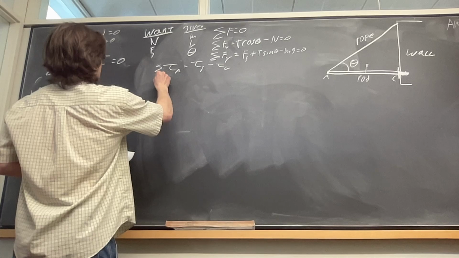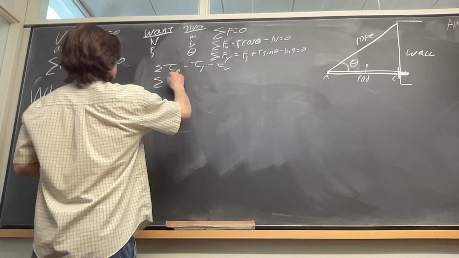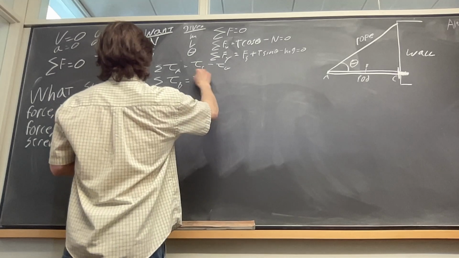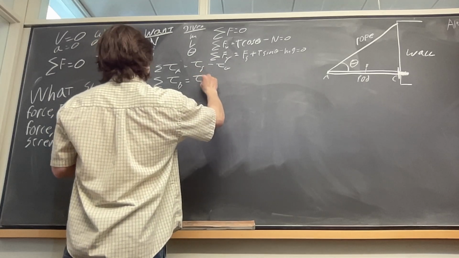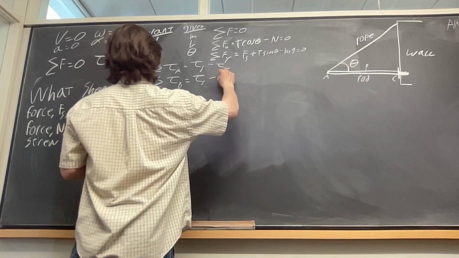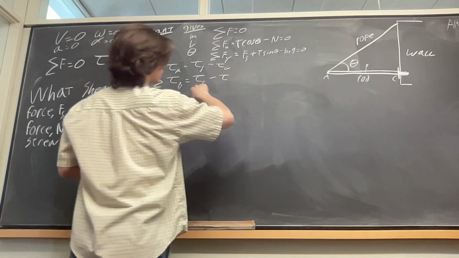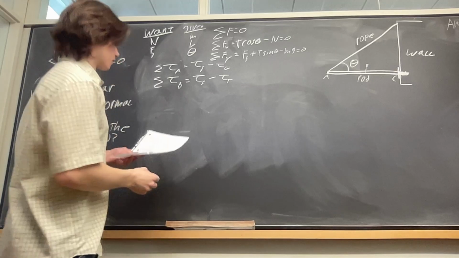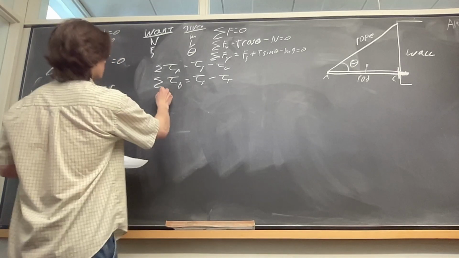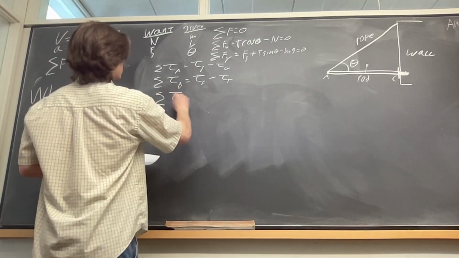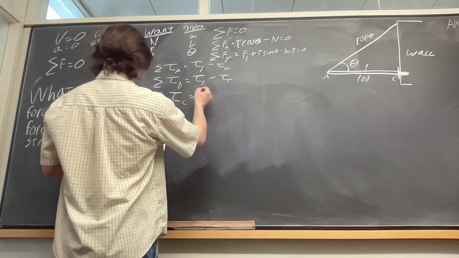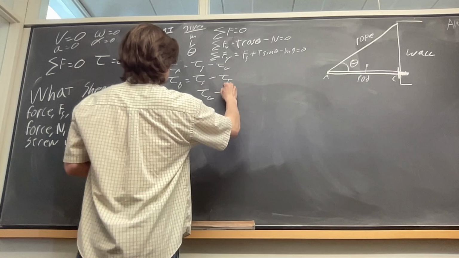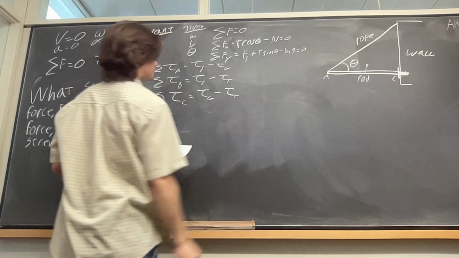And for B, it would be the torque from the shear force minus the torque from the tension. And then for point C, it would be the torque from gravity minus the torque from tension.